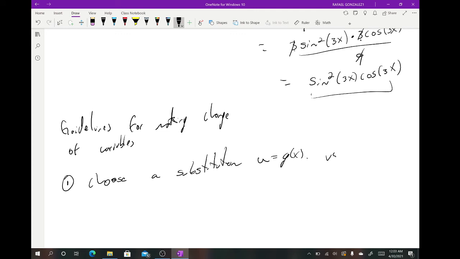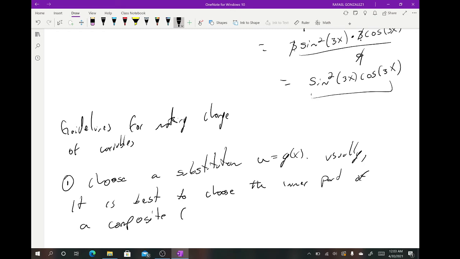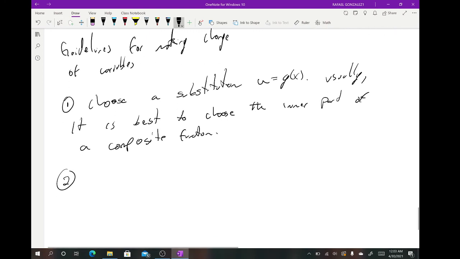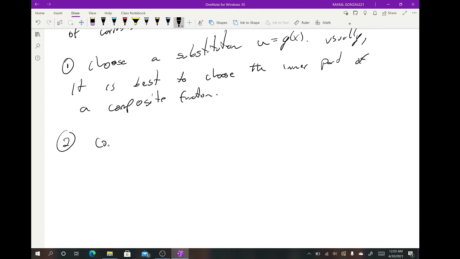Now usually, not always, but usually, it is best to choose the inner part of a composite function. Usually. When you get to Calculus 2, you'll see instances in which this is often not the case. Second thing you want to do is to compute the derivative of u, which will be the derivative of g dx.